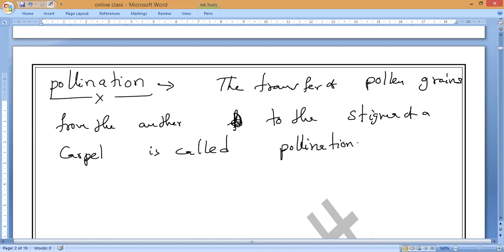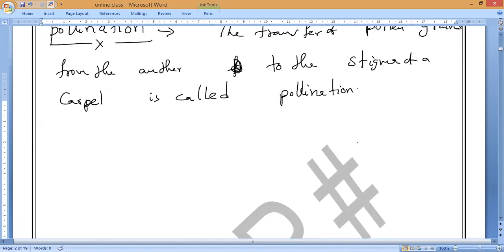Now again, how many types is pollination? Two types, sir. So pollination is again two types.